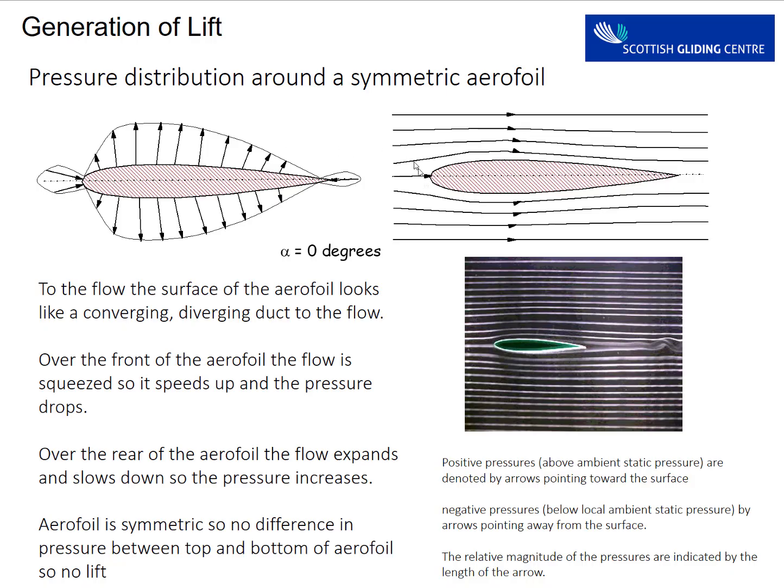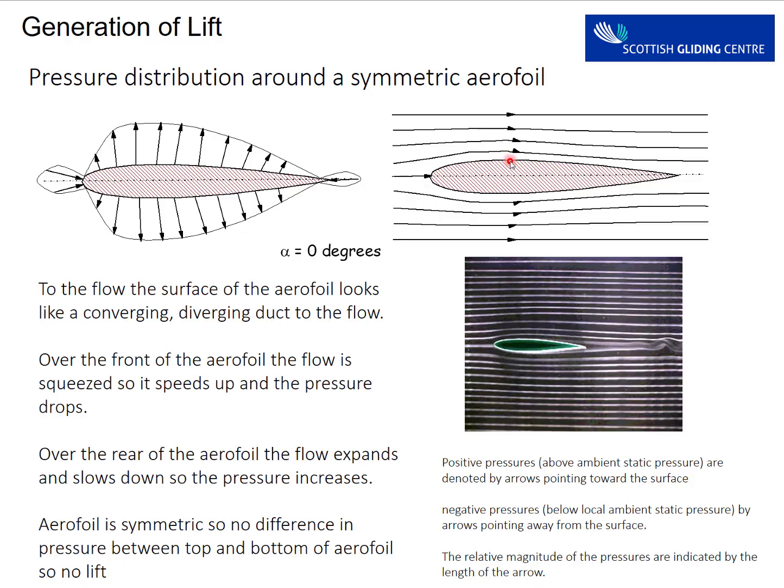So what we see here is that the shape of the airfoil on the upper surface looks like that converging duct over the front of the airfoil. So as the flow comes along and sees the airfoil, it's essentially being squeezed, and therefore it must speed up, and if it speeds up, the pressure reduces and we get a low pressure, a pressure below atmospheric.